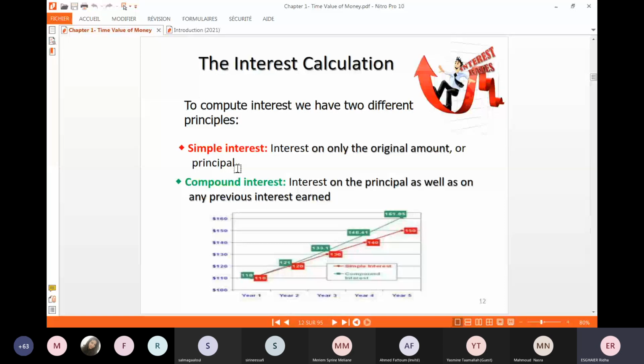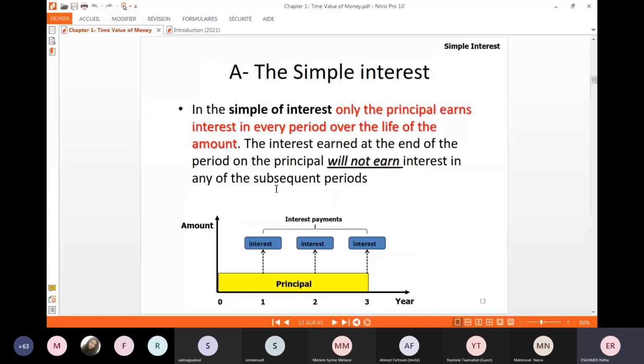Suppose we have $100 today. These $100 will constitute the basis on which we will compute the future interest for all the future periods. So the interest is computed on the basis of the original amount of the principal only. This is called the simple interest principle.